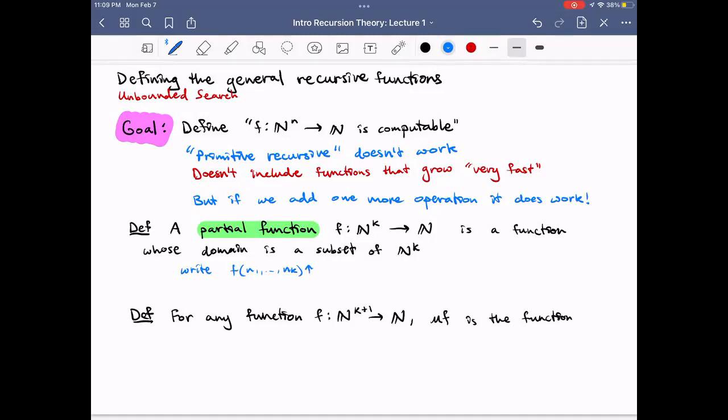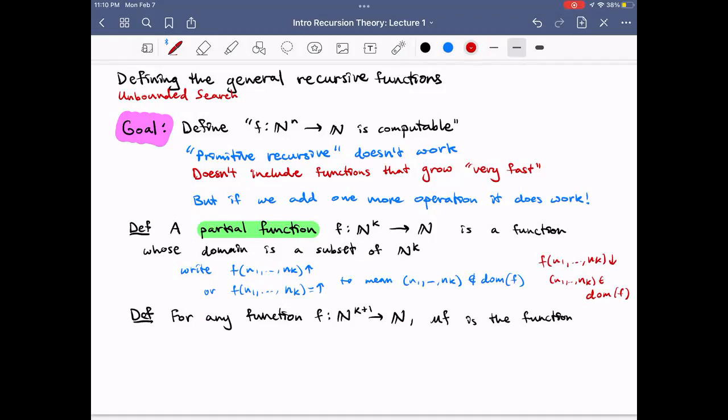It means diverges, or sometimes f(n1, ..., nk) equals up arrow, to mean that that input is not in the domain. On the other hand, sometimes you'll see people write f(n1, ..., nk) with a down arrow to mean it is in the domain. So a partial function is a function that may not be defined everywhere, and we have this notation to say when it is or isn't defined.